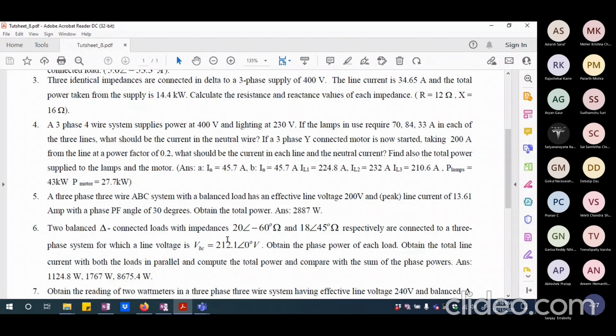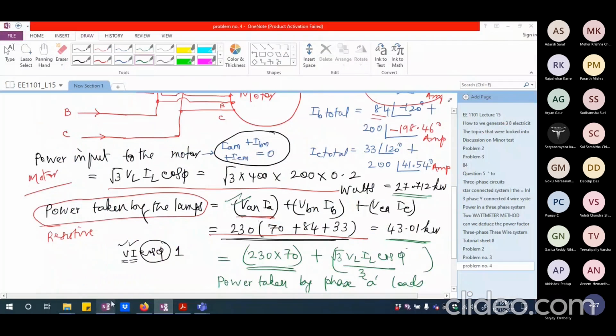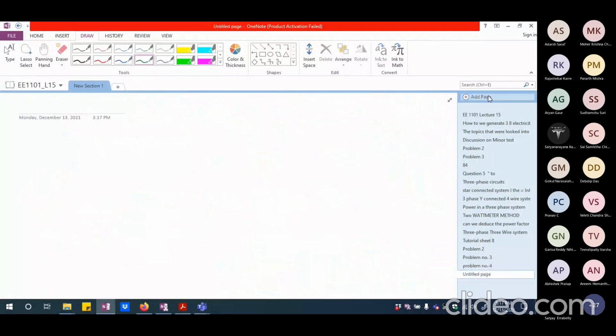Of course, one will be at angle 0, the other one will be at angle minus 120, the third one will be at angle plus 120. So when I write the expression, I should write it somewhat like this. Let me write this problem number 6.